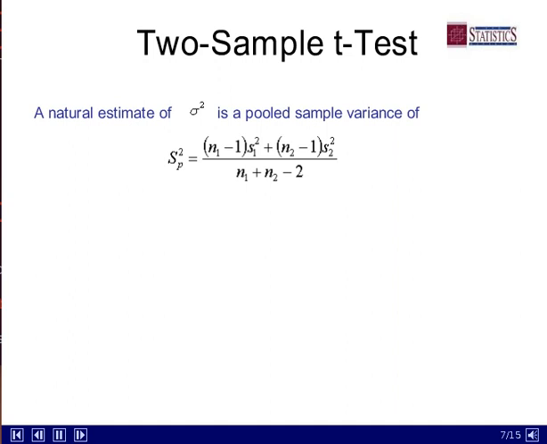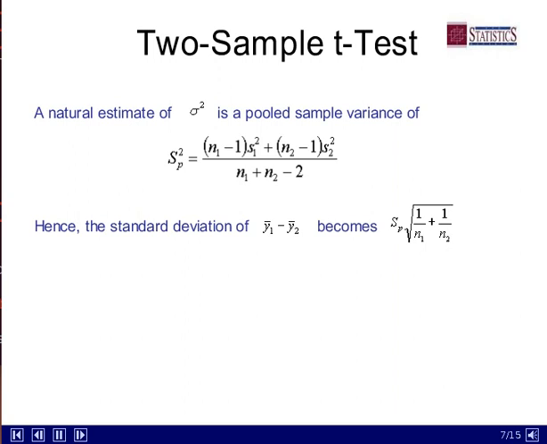You notice that it is a weighted average, or a pooling, of the two individual sample variances. It is important to also note that if n1 and n2 are equal to just say n, then the formula reduces to s1 squared plus s2 squared over 2, or simply the average of the two sample variances.